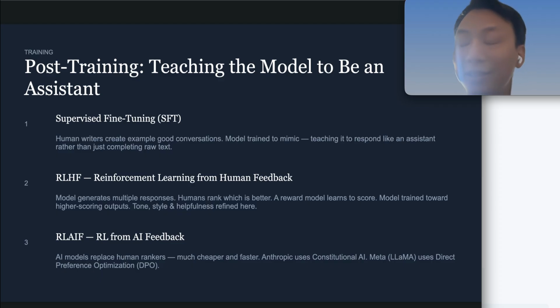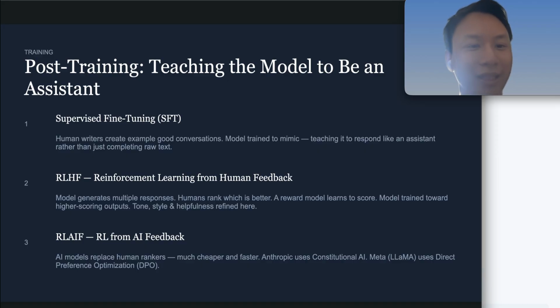But as you can imagine, that's very expensive because you have to generate those example conversations, and those can be hundreds of thousands to millions of conversations, and it's very time-consuming to have humans do that.